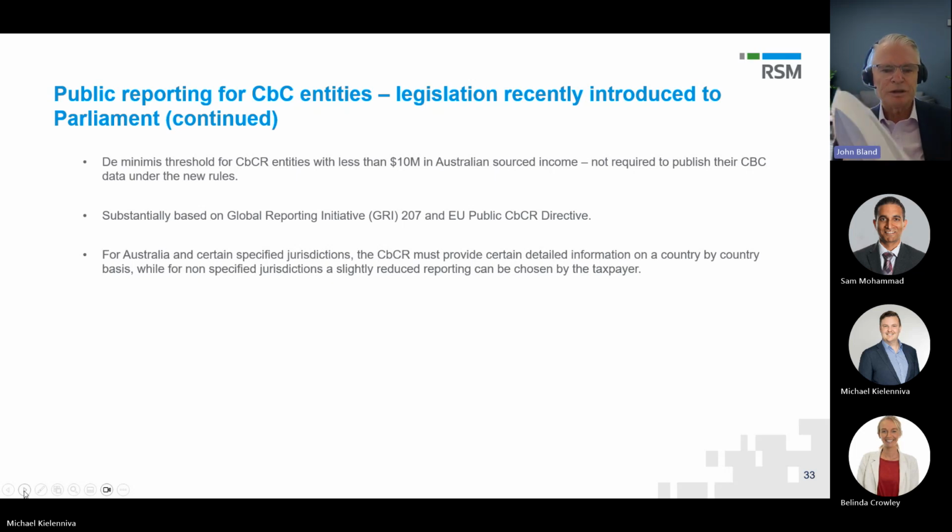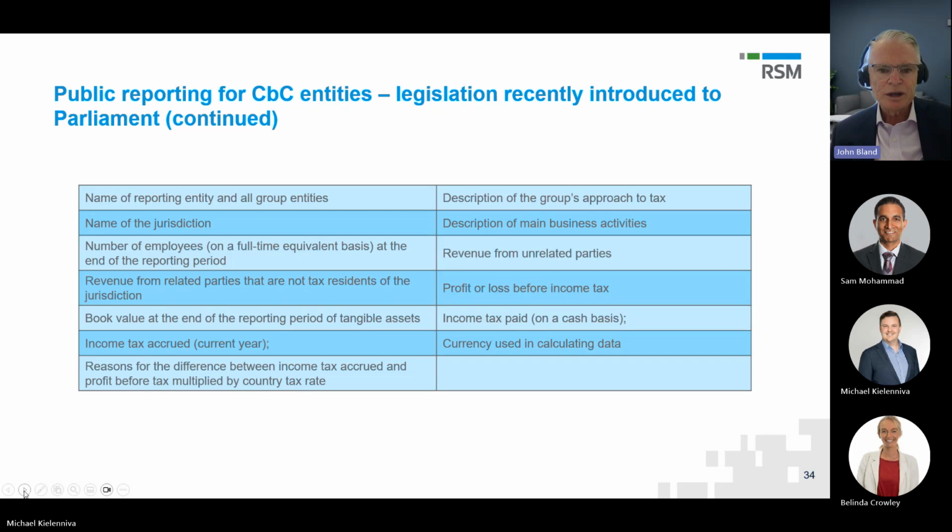So, Mike, if we just go to the next slide, this shows what will be required to be provided to the Commissioner and what will be published on the Australian Commissioner's website. The details there are maybe not surprising, apart from the top right-hand side there, the description of the group's approach to tax.